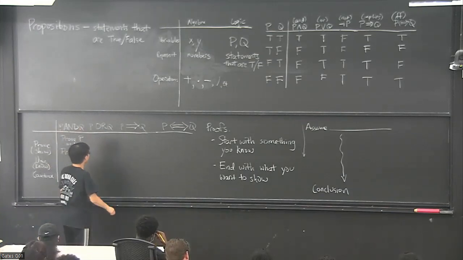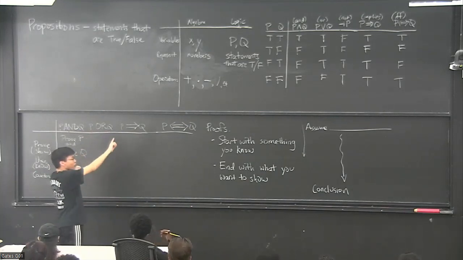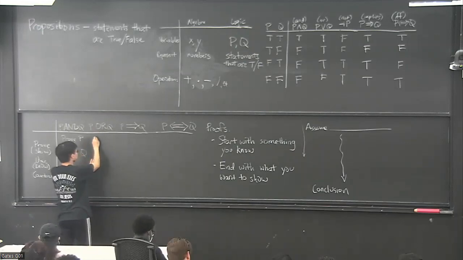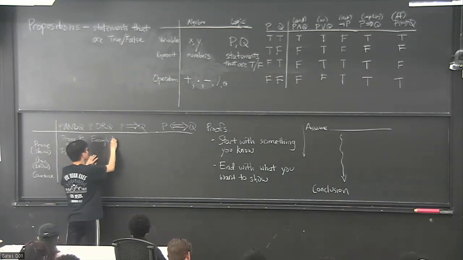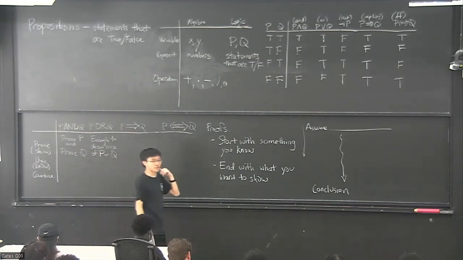P or Q, if you want to show P or Q, you only need to actually show that one of them is true. So it's enough to show one of P or Q. This isn't always necessarily a foolproof method.